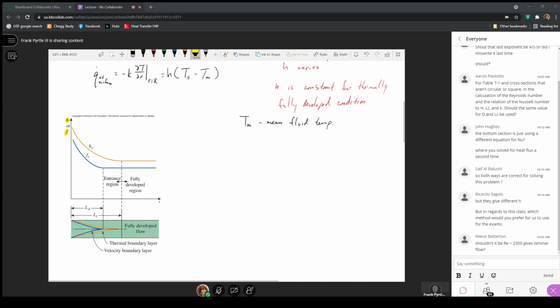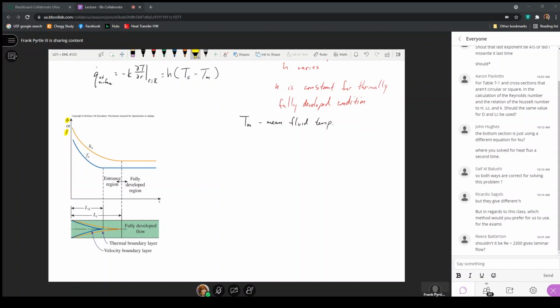So if we consider here a pipe flow, this could be a circular pipe or a non-circular pipe. Here, the orange line is an indication of the thermal boundary layer that grows together, such that once it grows together, that is the beginning of the thermally fully developed condition.